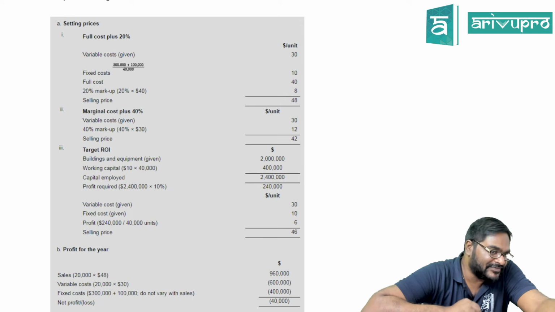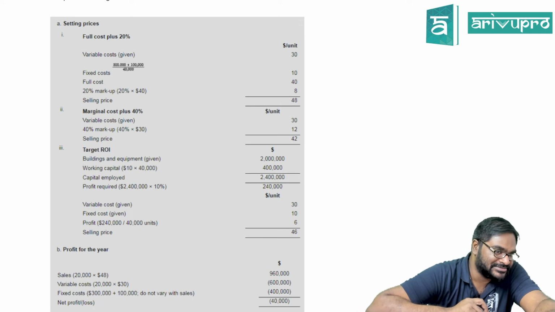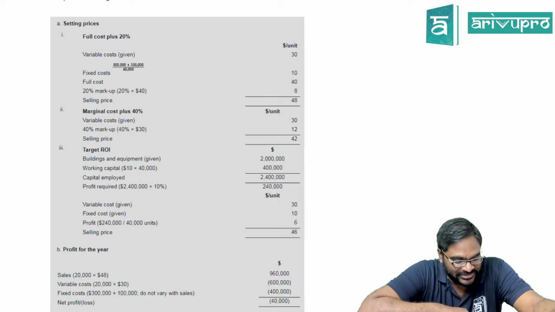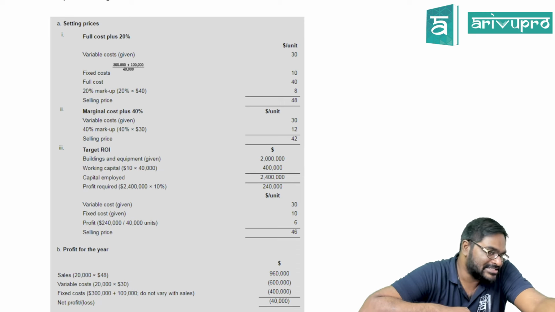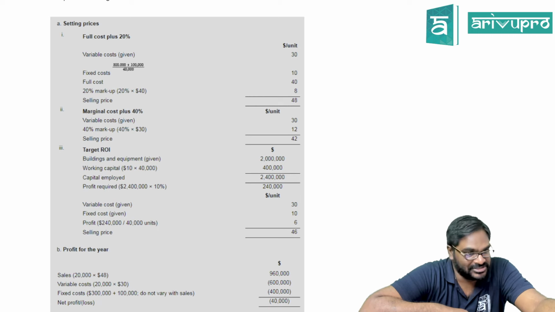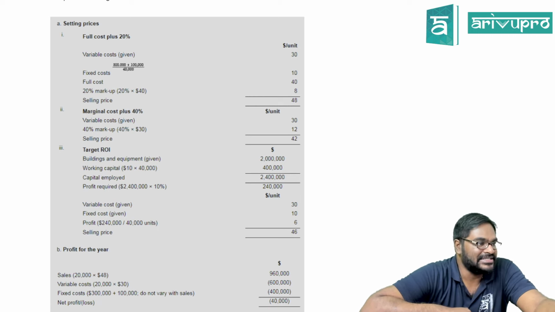And 10% of that means 240,000. Are we good? And 240,000 divided by 40,000 units means 6 per unit. And we already know the total cost, that is 40. So 40 plus 6 would be 46.